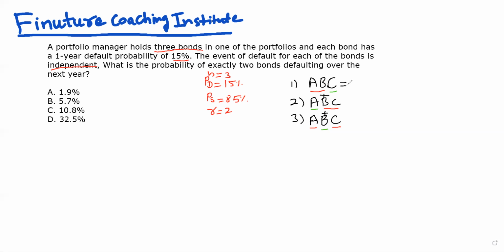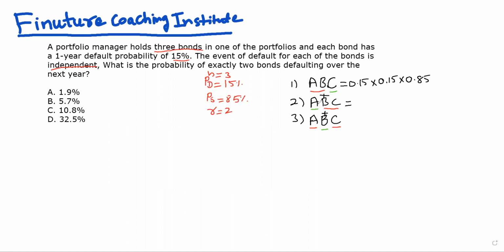Let's see what is the probability of A and B defaulting and C surviving. The probability of default of A and B is 15%, so 0.15 into 0.15, and the probability of surviving for bond C is 0.85.